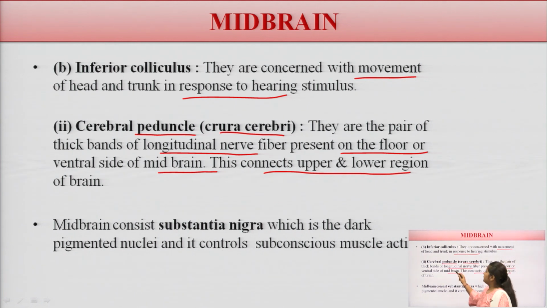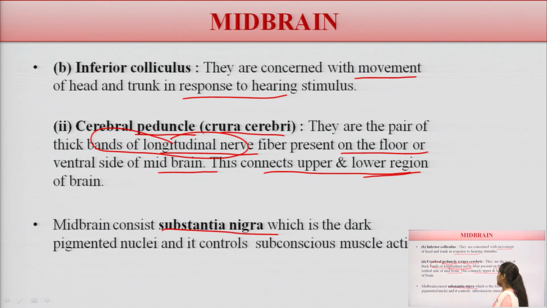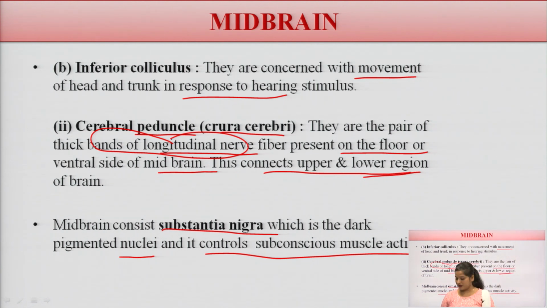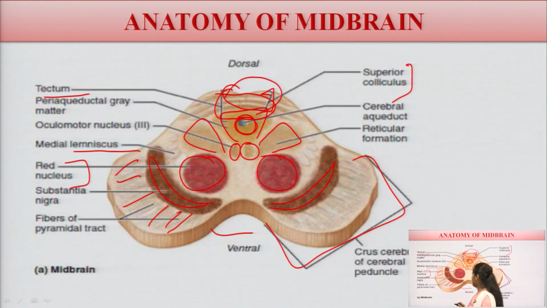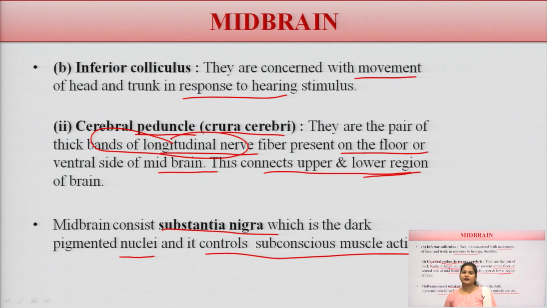The midbrain consists of the substantia nigra, a dark pigmented nucleus, and it controls the subconscious muscle activity. So this substantia nigra is responsible for muscle activities.